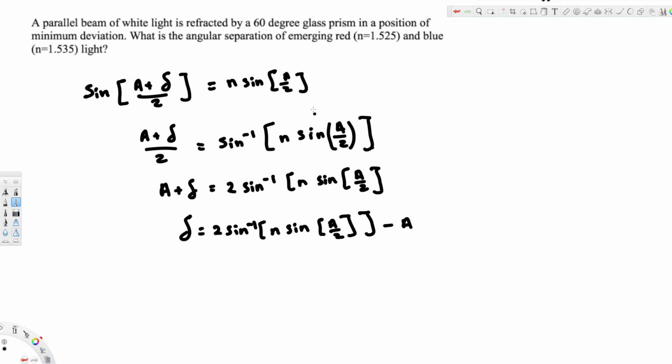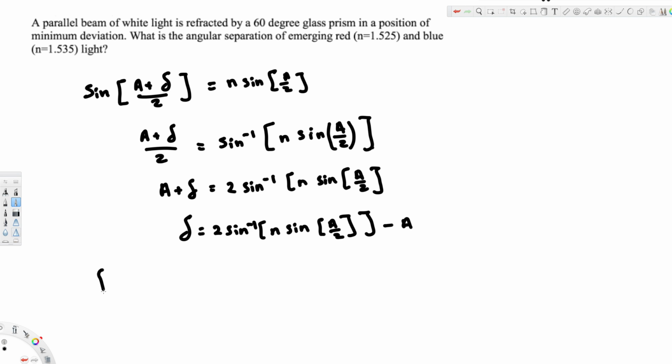Now since we are dealing with two different lights, when the red light goes through the prism, the index of refraction of the prism material is this, and when the blue goes through, the index of refraction is this. To find the angular separation, we have to subtract these two. First we have to look at which one is higher, and here you can see the blue one is higher, so we subtract red from blue.